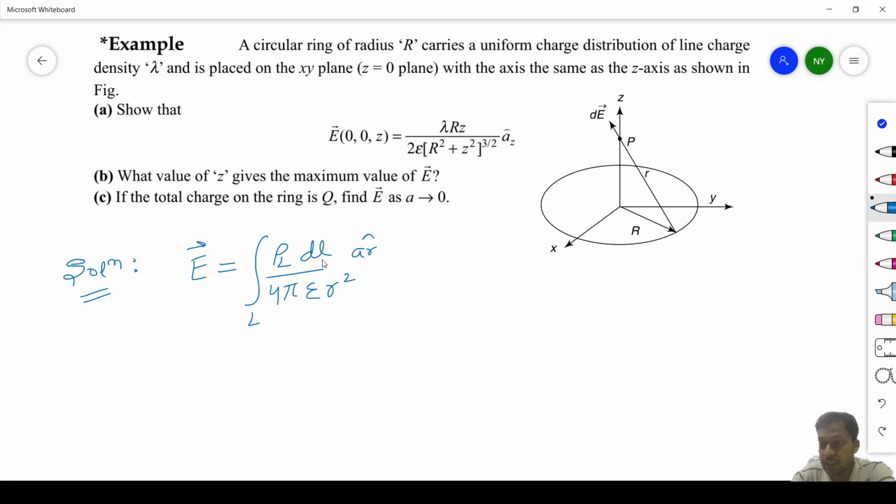So we will go for question A of the given problem. The point P is where x equals 0, y equals 0 and z equals z, say.